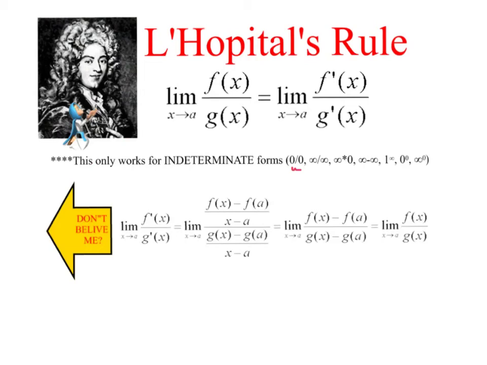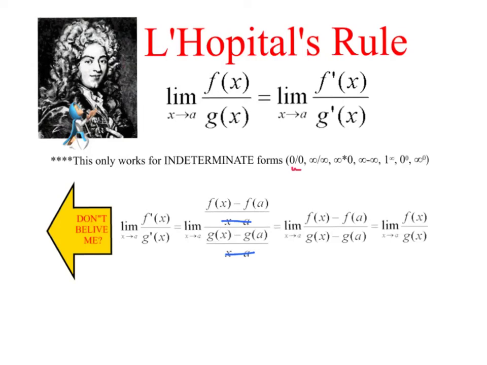So I rewrote those derivatives as slope statements, change in y over change in x. You see I did that with both of them. That's just a slope statement. In dividing fractions, you multiply by reciprocals, so the x minus a's cancel out, and you end up with just this statement.